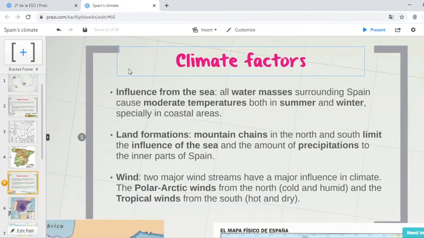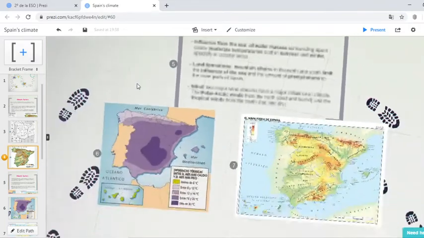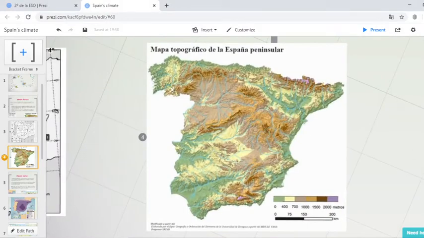Then another factor is the land formations in Spain. As I already told you, Spain is a country with a really high elevation, which means that there are several mountain chains in its land relief. The disposition and location of those mountain chains have pretty heavy effects on temperatures and precipitations.